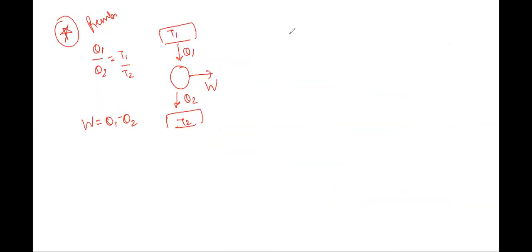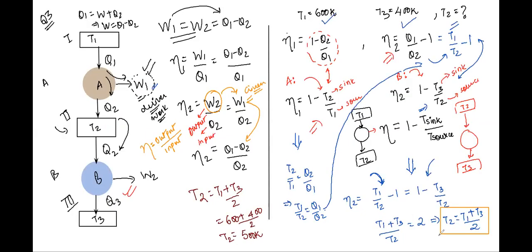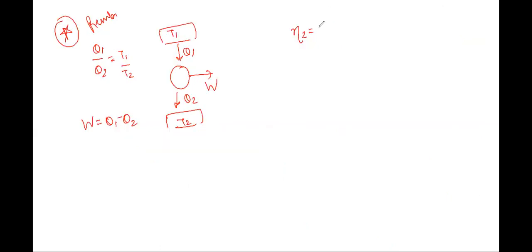So basically what we did, we got one equation for efficiency, the general equation, 1 minus T3 upon T2.